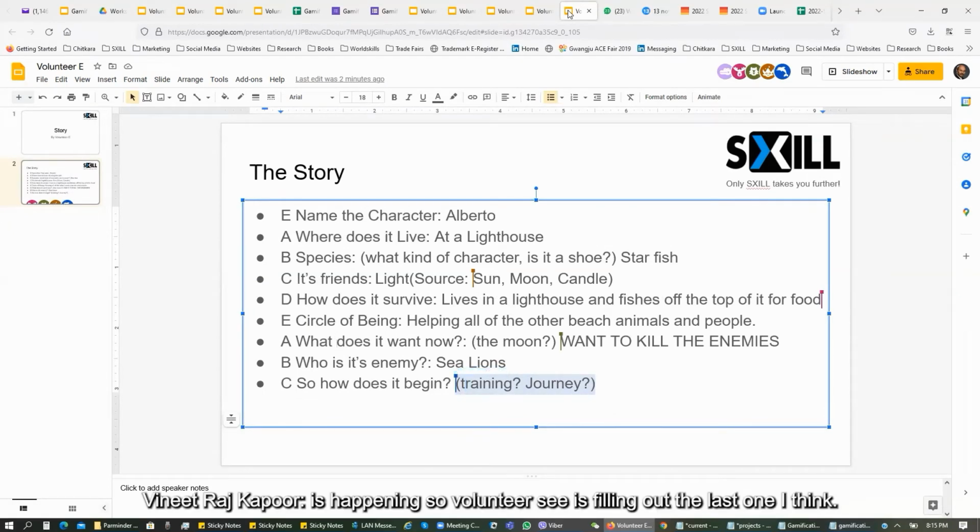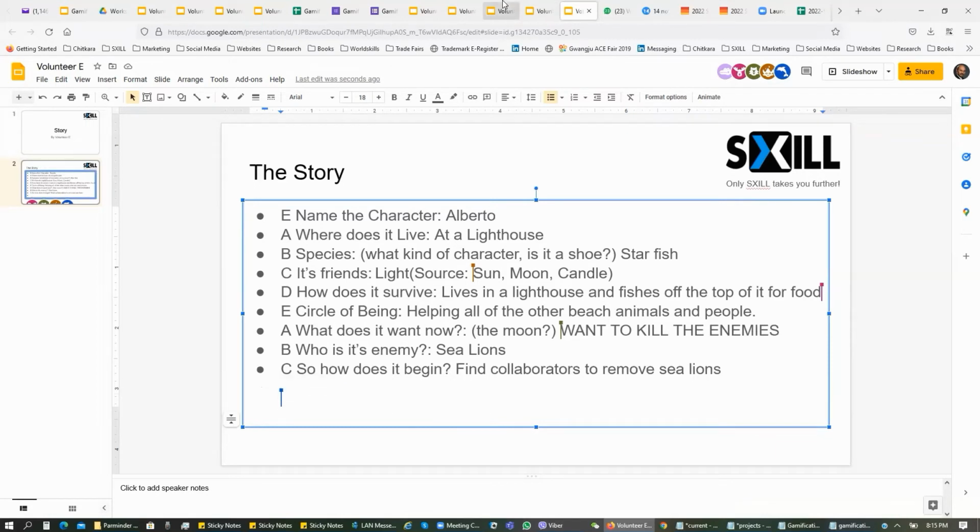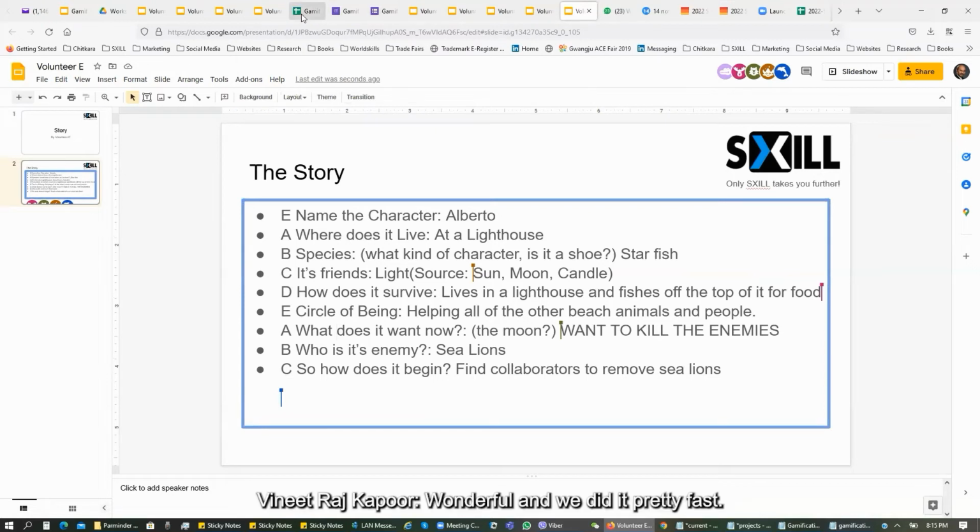So volunteer C is filling out the last one, I think. Yes, great. So all have done. Wonderful. And we did it pretty fast.